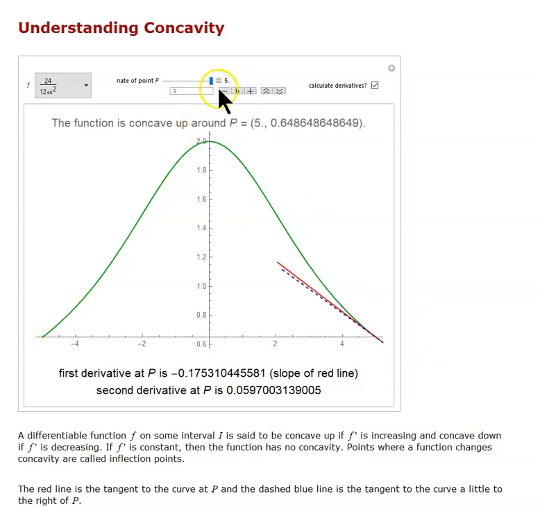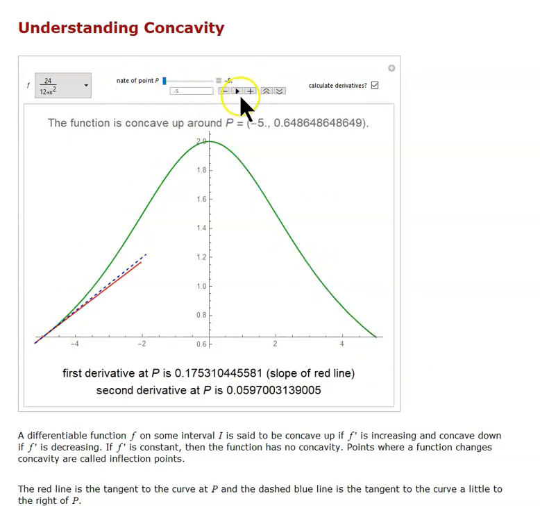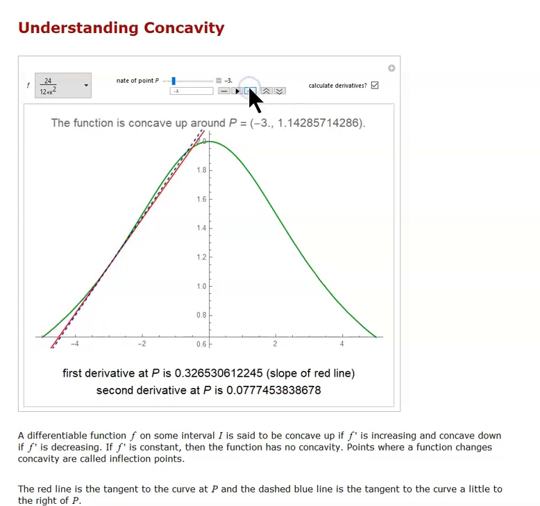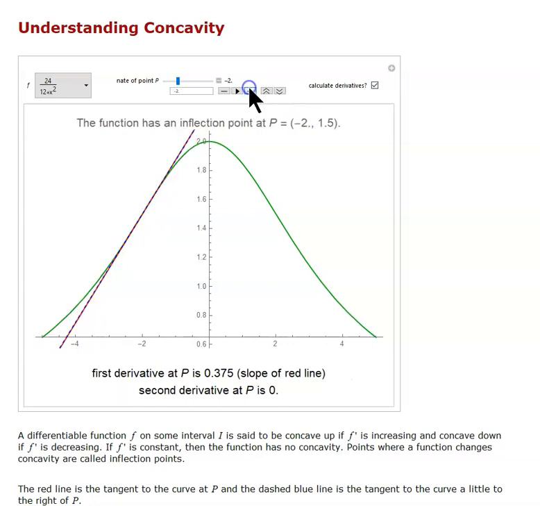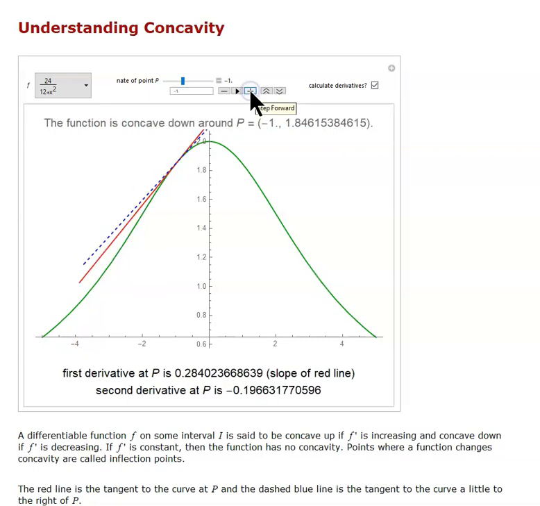So let's start from the beginning one last time. Our first derivative is increasing. We've got 0.244, 0.326, 0.375. Our first derivative increased to 0.375. However, now our first derivative starts to decrease.